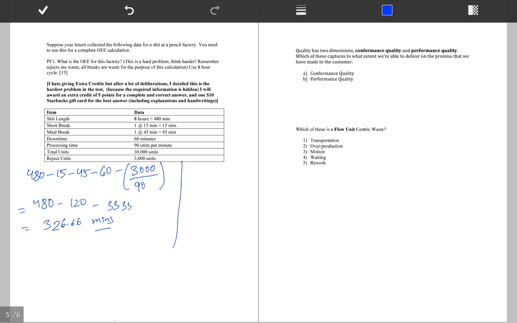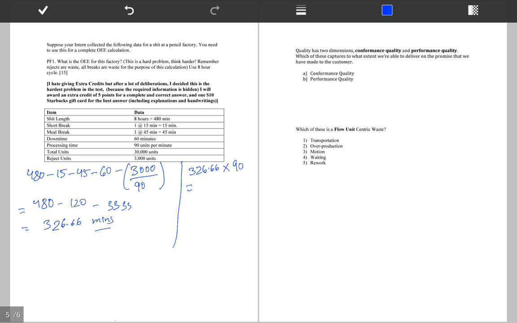You can test for that by saying, if you're working at full capacity for 326.66 minutes, you should be able to produce 326.66 multiplied by 90.